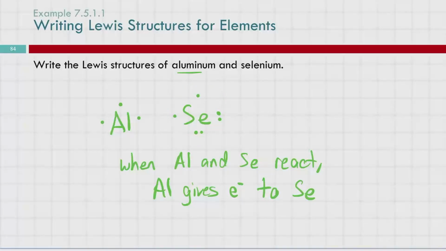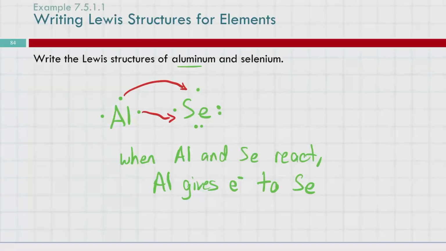Needs 2 electrons, so it's going to take or receive 2 electrons. Aluminum will still have 1 electron left, and so we would have to give that away to another selenium. We'll look at more of the bonding stuff in a bit. This is not the complete story. This is just the first step.